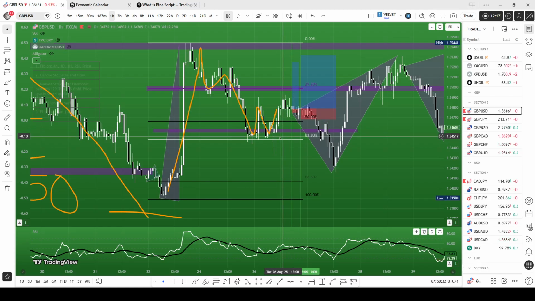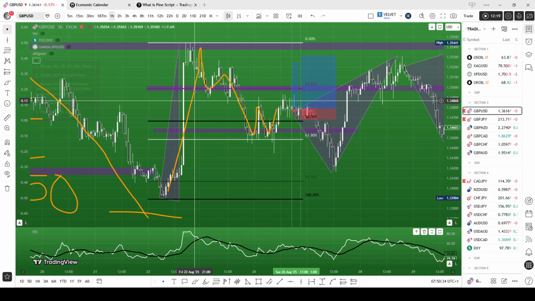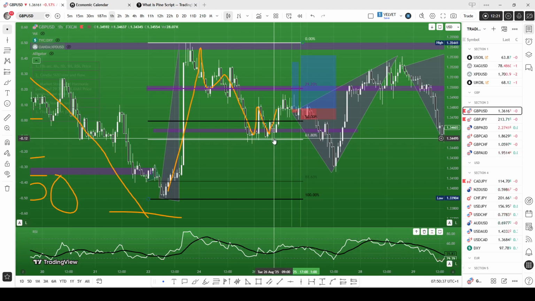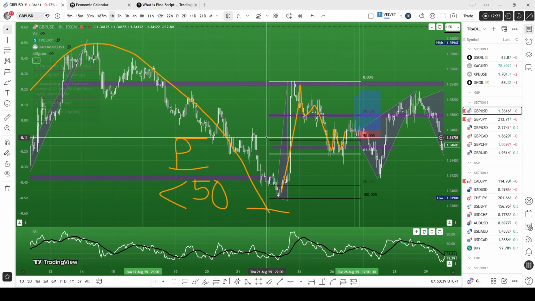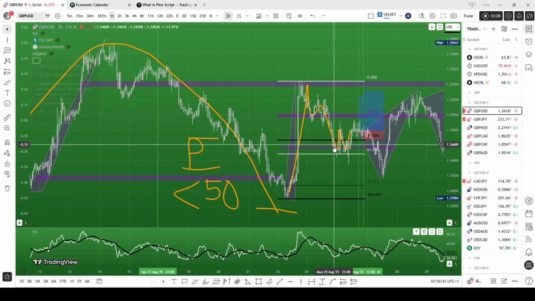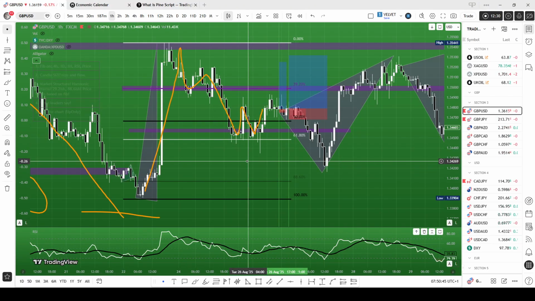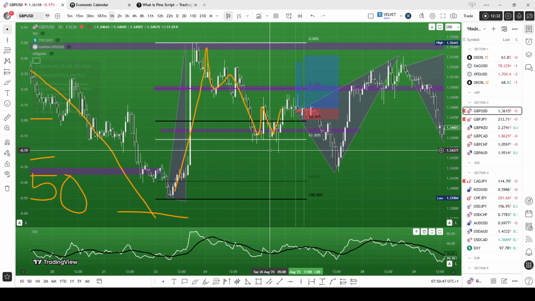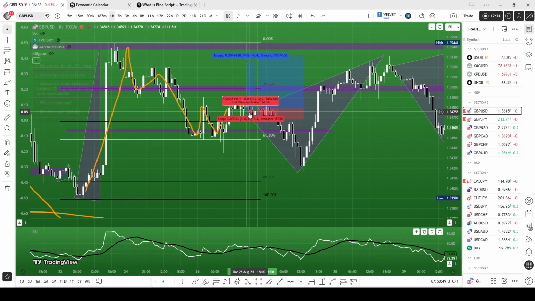So again, it was counting on this 61.8 fib, not looking at the bigger picture, and so it was on a break even.